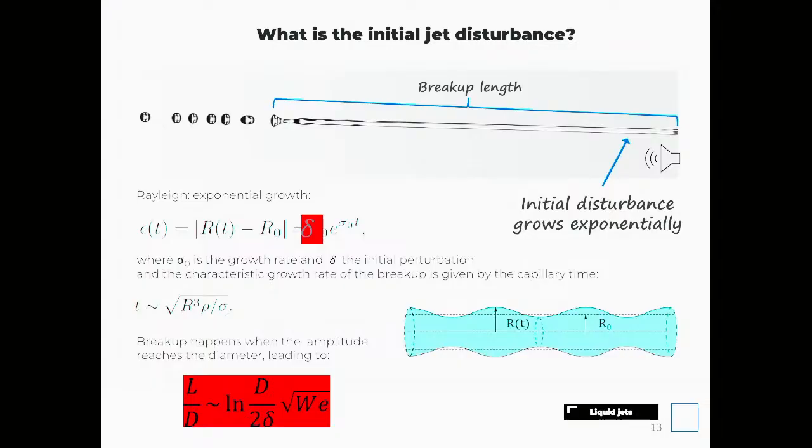Yeah, and so from the time necessary for growth and the velocity of the jet, you immediately get the breakup length of the jet, which non-dimensionalized by its diameter goes as square root Weber times some logarithmic factor where there's the initial perturbation that has to grow. And then the only question is, what is the initial perturbation?